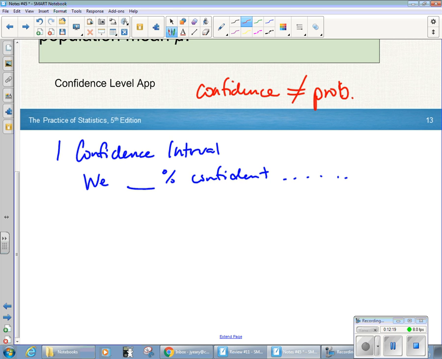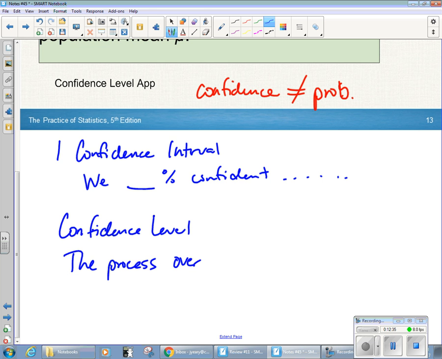It's totally different. So that being said, a confidence level deals with the process over and over and over. Okay?